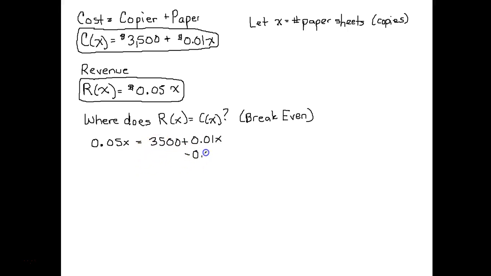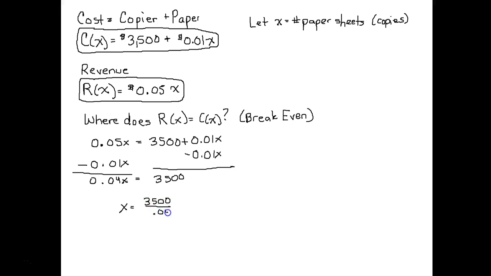Subtract the 0.01x from both sides. Then divide both sides by 0.04. And you get 87,500. So he needs to make 87,500 copies in order to break even.